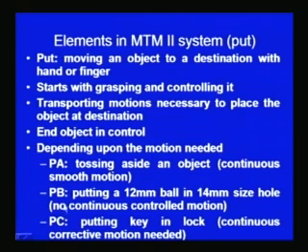These are in order of increasing difficulty. PA is for those cases where continuous smooth motion is possible, like tossing aside an object, and PB is for those where no continuous control is required, like putting a 12 mm ball in a 14 mm size hole. Somewhat more difficulty is there in PB, and PC is putting a key in a lock, where continuous correcting motion is required to do the job.